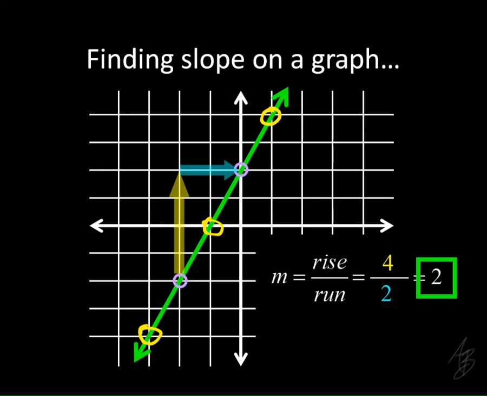I want to tell you something that's going to save you some work. If you always pick lattice points that are next to each other, if you pick 2 lattice points in a row, you'll never have to reduce. Right here, we had to reduce because 2 goes into both of these.